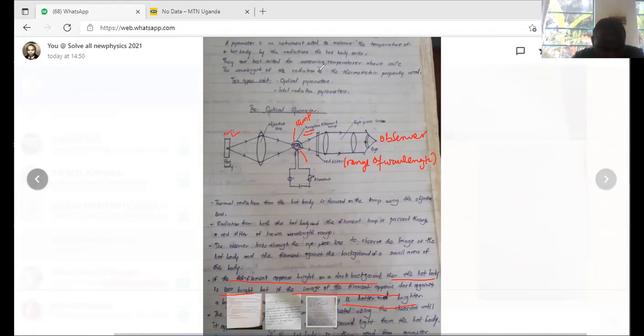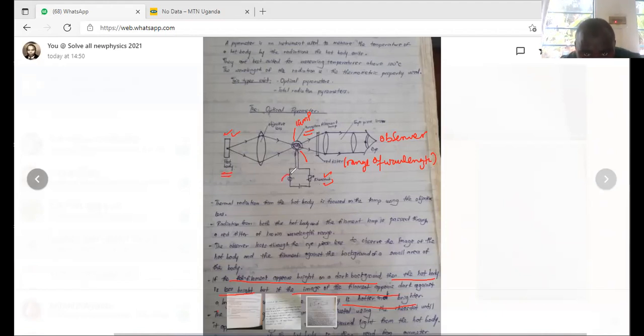The current through the filament is adjusted. So we adjust this current using a rheostat, which is here, until it appears as bright as the background light from the hot body. So we adjust it until it appears bright, like this hot body we have here. Then the temperature of the hot body is read from the ammeter and calibrated in kelvins.